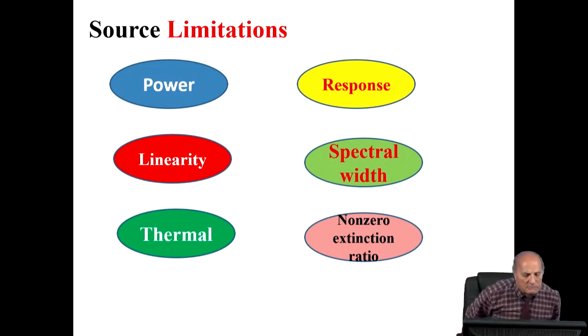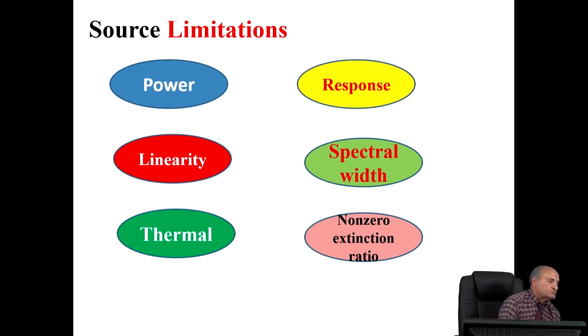What are our challenges or limitations from the optical source point of view? Power is important, especially for analog modulation. Response: does the optical device respond quickly to the driving message or not?